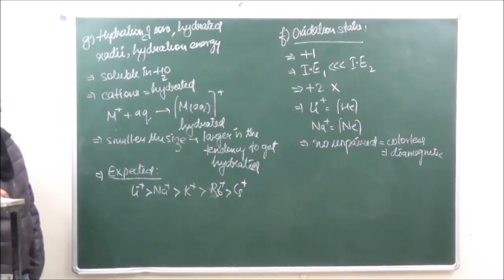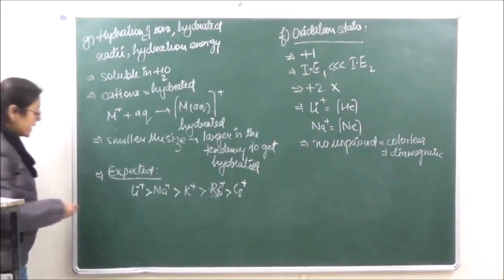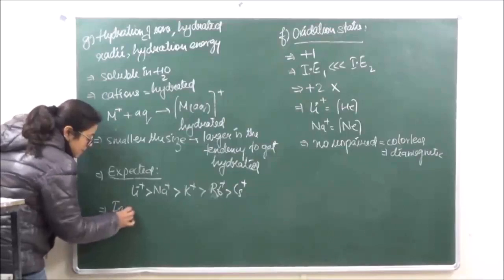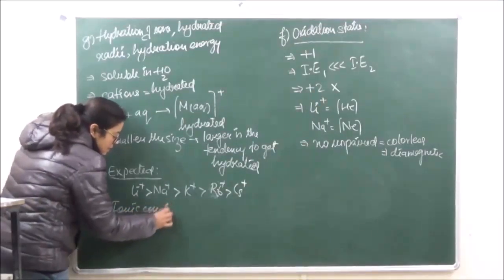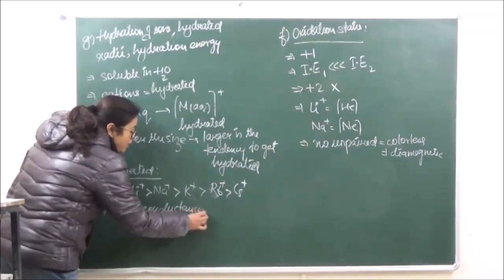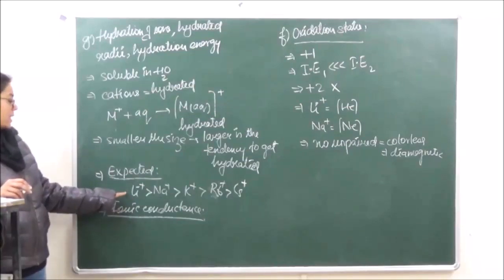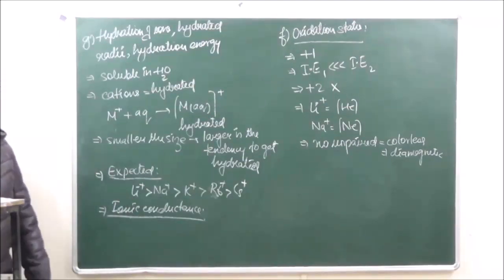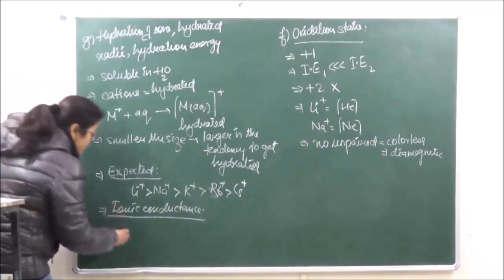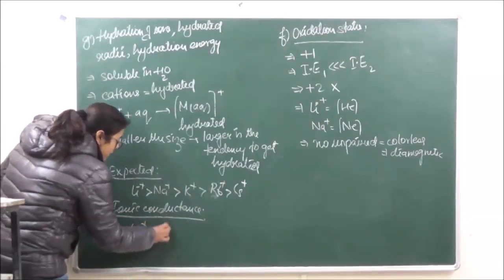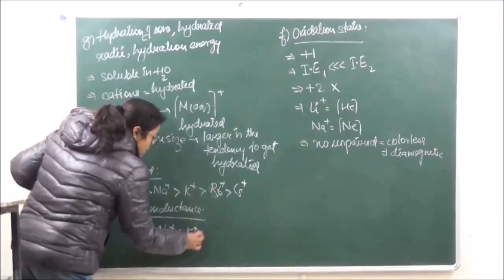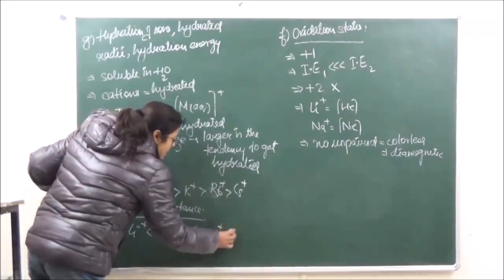So ionic conductance should follow an opposite trend to the size of the hydrated ion. Lithium has the highest size of the hydrated ion, therefore it is going to have the least conductivity. So we have Li+, then Na+, then K+, then Rb+, and then Cs+.